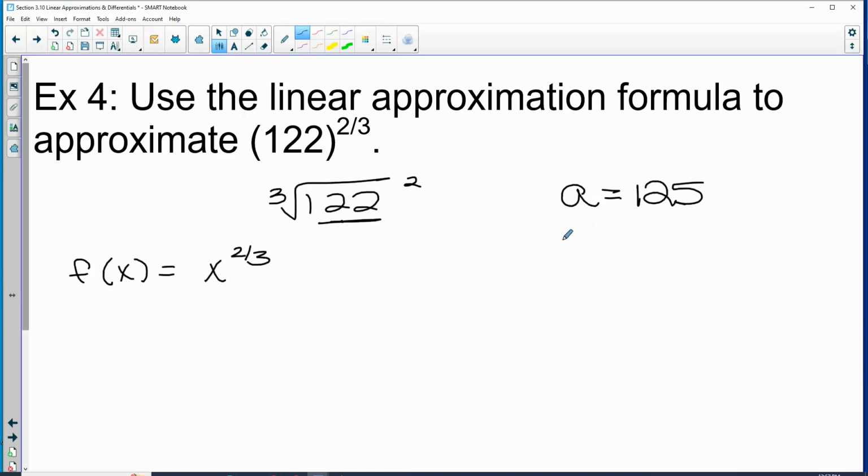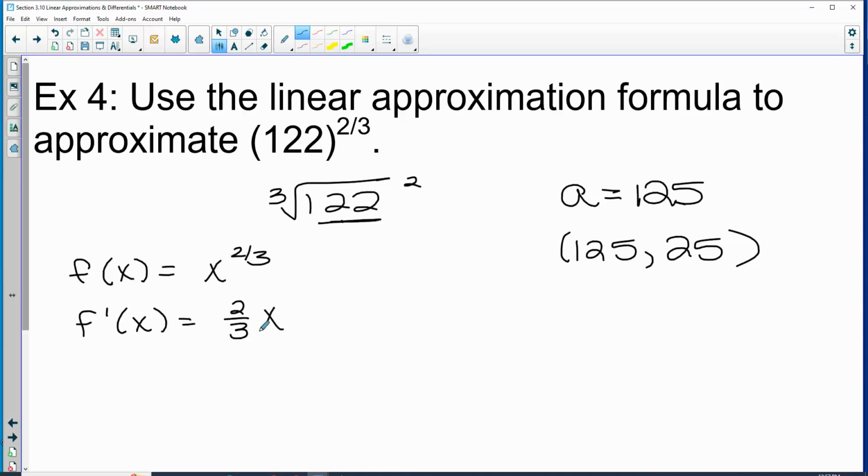So if this is 125, if I plug that into my function, the cube root of 125 is 5, squared is 25. So that's the point. And now I need a slope. So my derivative is 2/3 x to the 2/3 minus 1, negative a third.